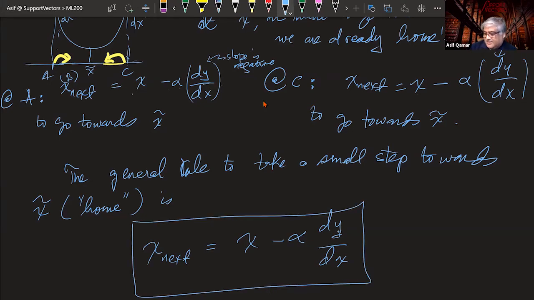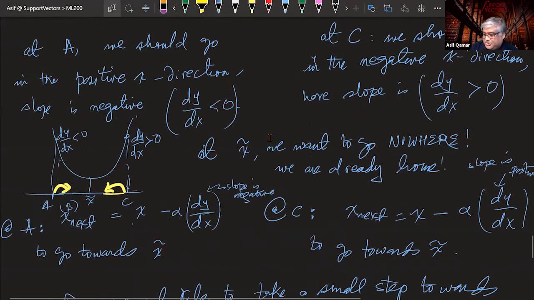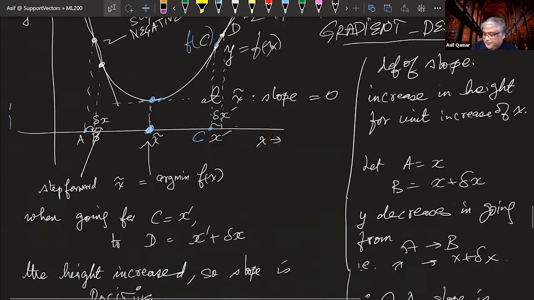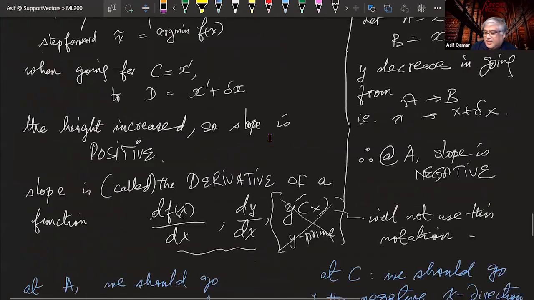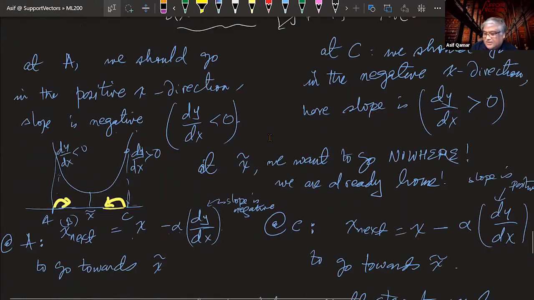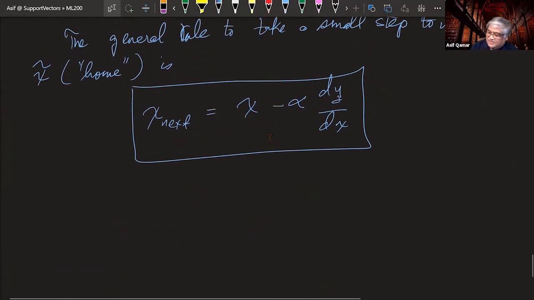Do you see this, guys? I hope this intuition is clear to you. I'll recap. For any function, if you go against the slope, you're going towards the minima.